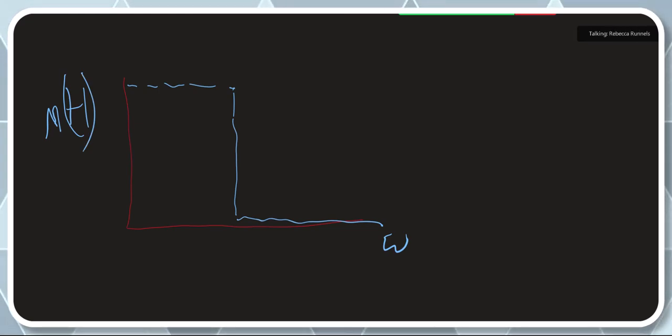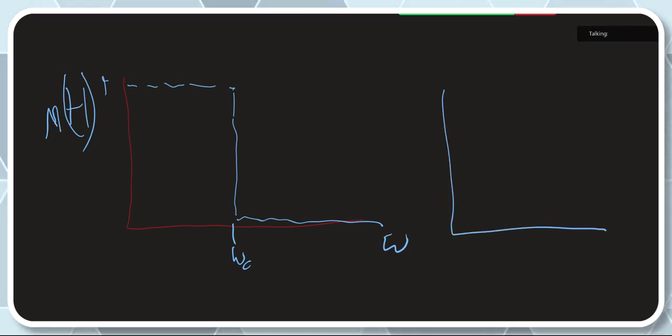What an ideal low pass says is, up until my corner frequency, I get all of it, and after the corner frequency, I get none of it. So it's low pass. You let the low stuff through. High pass would be the opposite: up until the corner frequency, I get none of it, and then after the corner frequency, I get all of it.